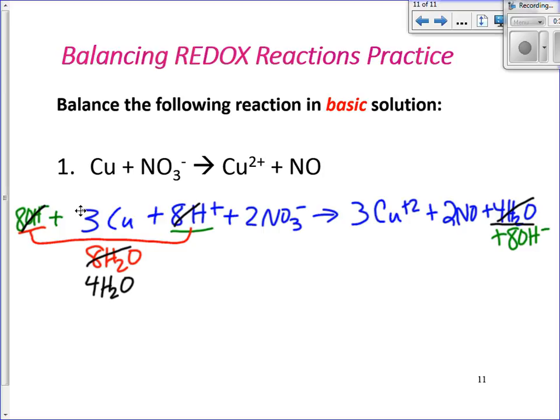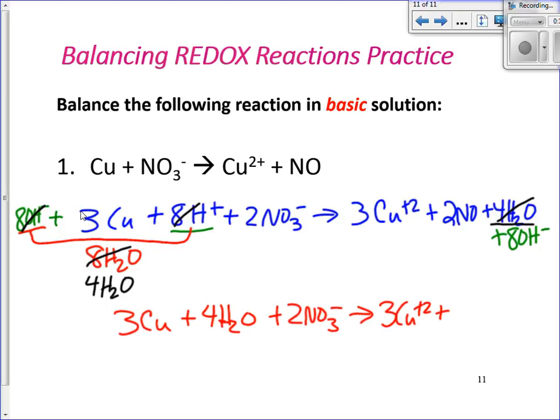Yes, and then in your final answer, you will have 3 Cu plus 4 waters plus the 2 nitrates. Give you 3 copper 2s, 2 nitrogen monoxides, and 8 hydroxides.